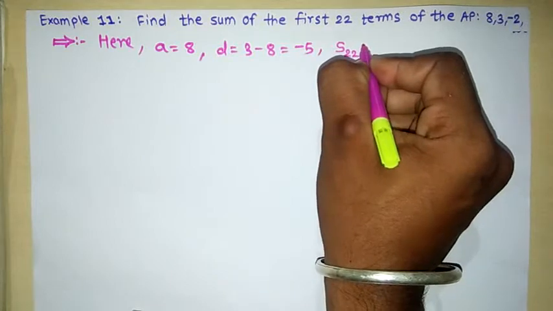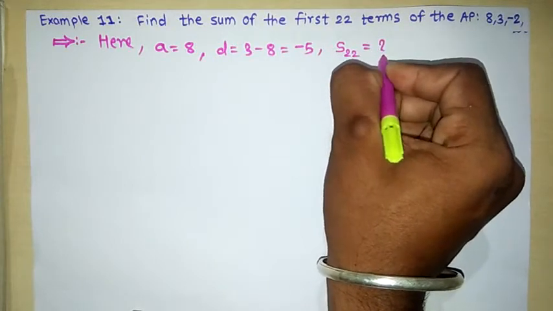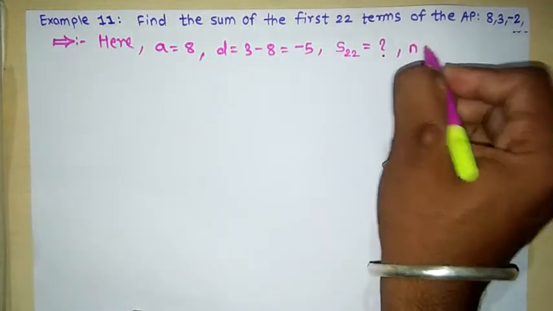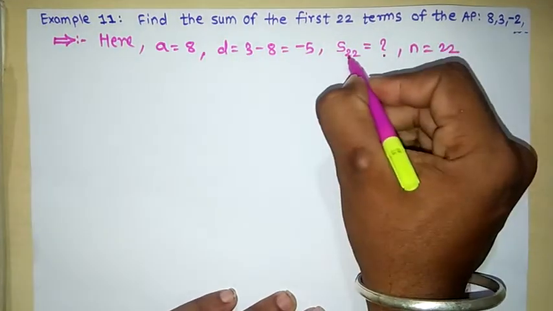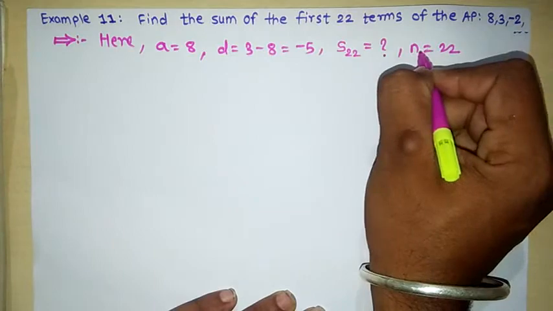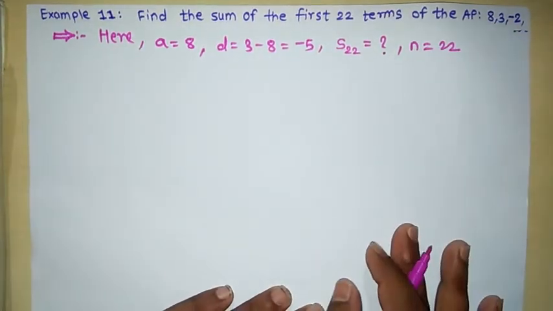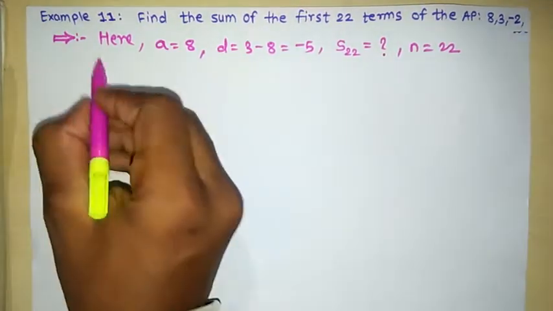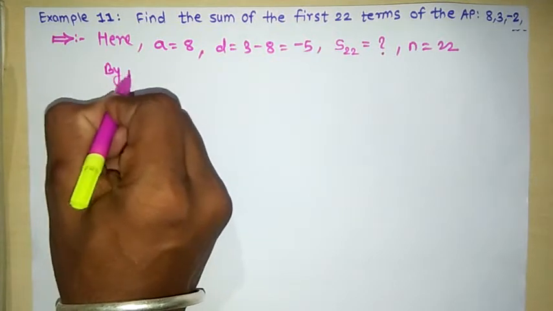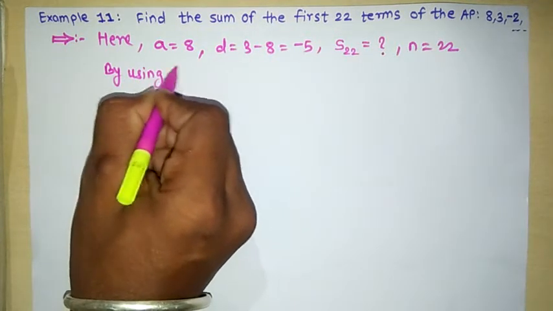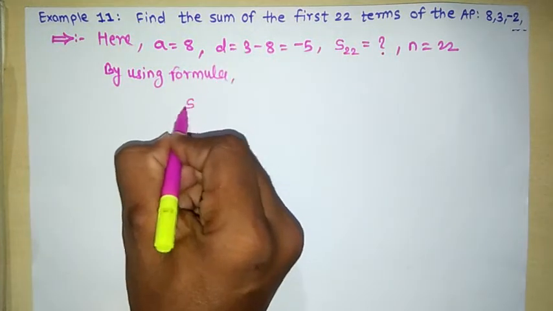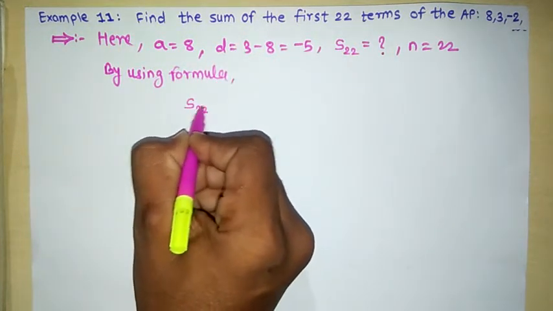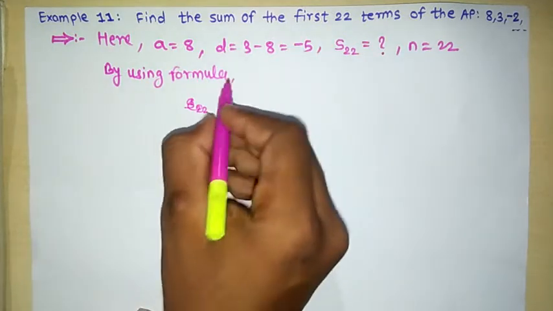Therefore, n is equal to 22, because we have to find the sum of the 22 terms. Now by using the formula for the sum of the 22 terms, first I will write the general formula.